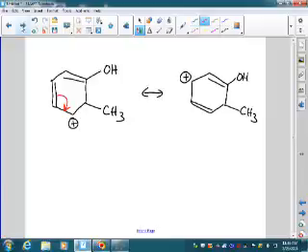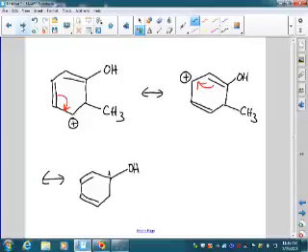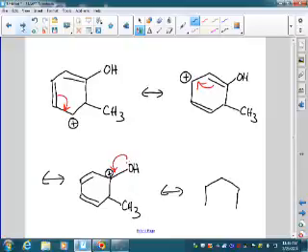And then we can move it again and have another resonance structure with the plus charge next to the OH. And then the OH can share in its lone pair. So there's another one. 4 resonance structures where the oxygen actually can take up the plus charge onto itself.